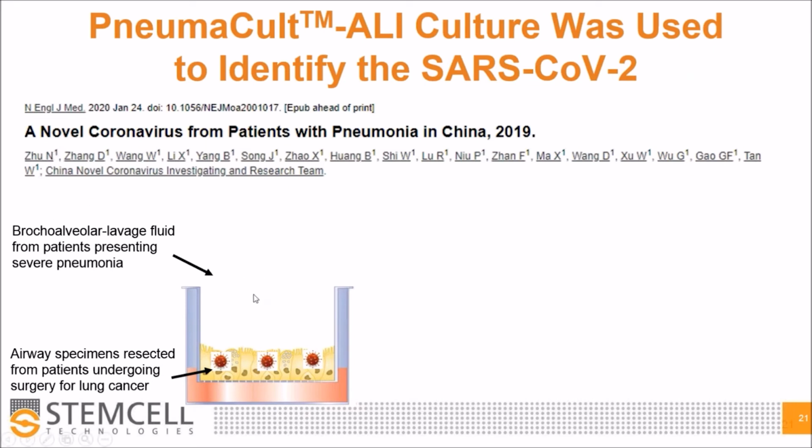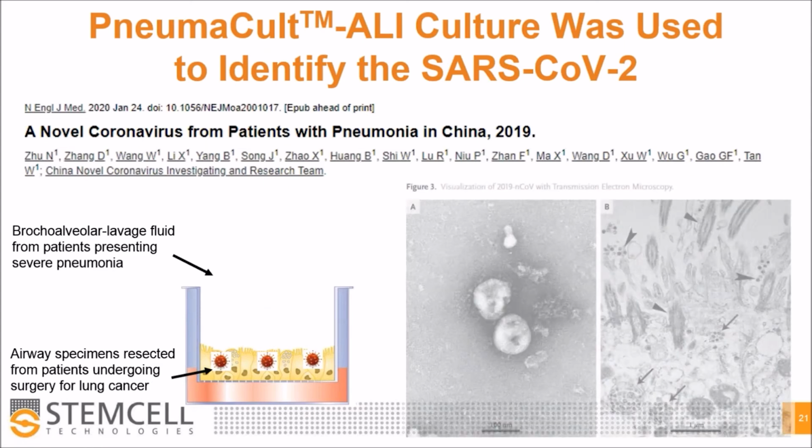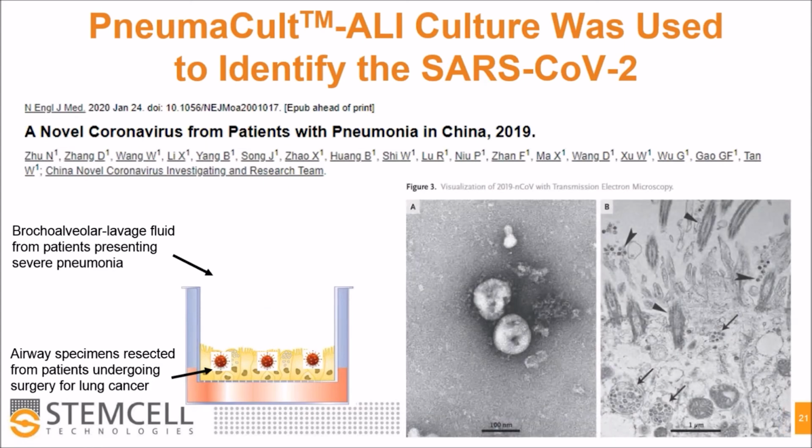Using an air-liquid interface, after only a few weeks from the outbreak, they managed to identify SARS-CoV-2, sequence its genome, and make these data available to everybody else in the world in order to start fighting this very dangerous pathogen.